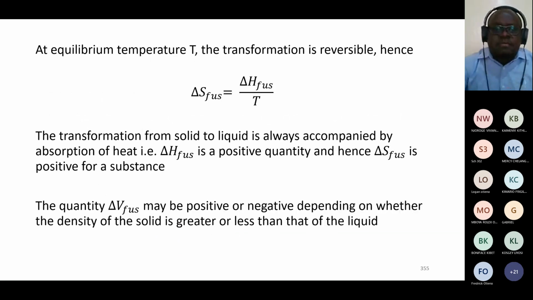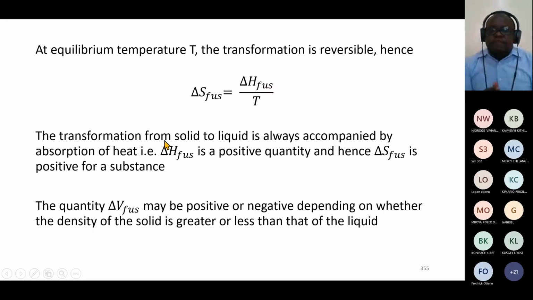Now at equilibrium temperature, the transformation of solid to liquid phase is reversible. So therefore we can use this expression. We say delta S fusion is given by delta H fusion over T.